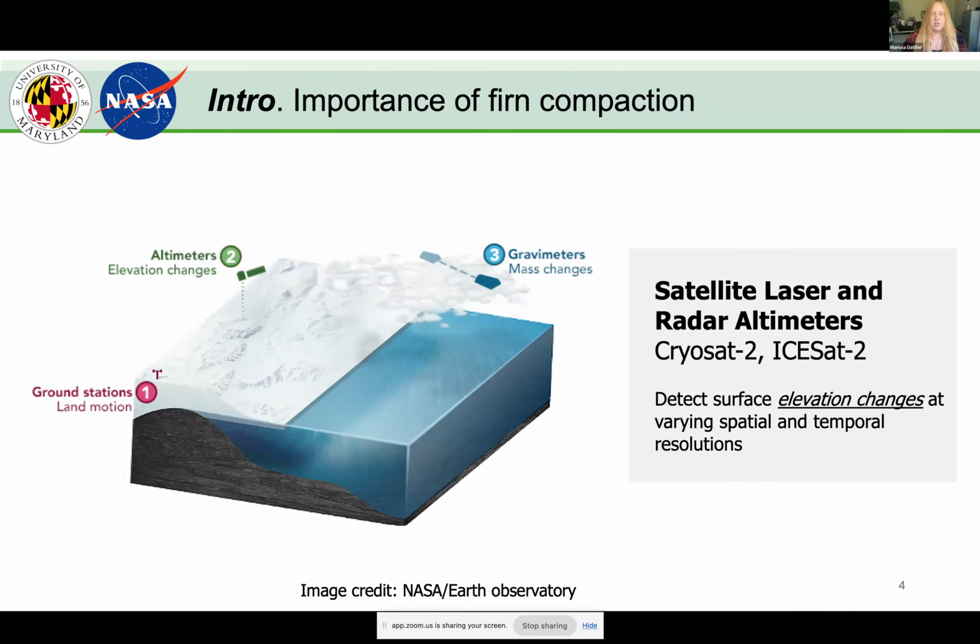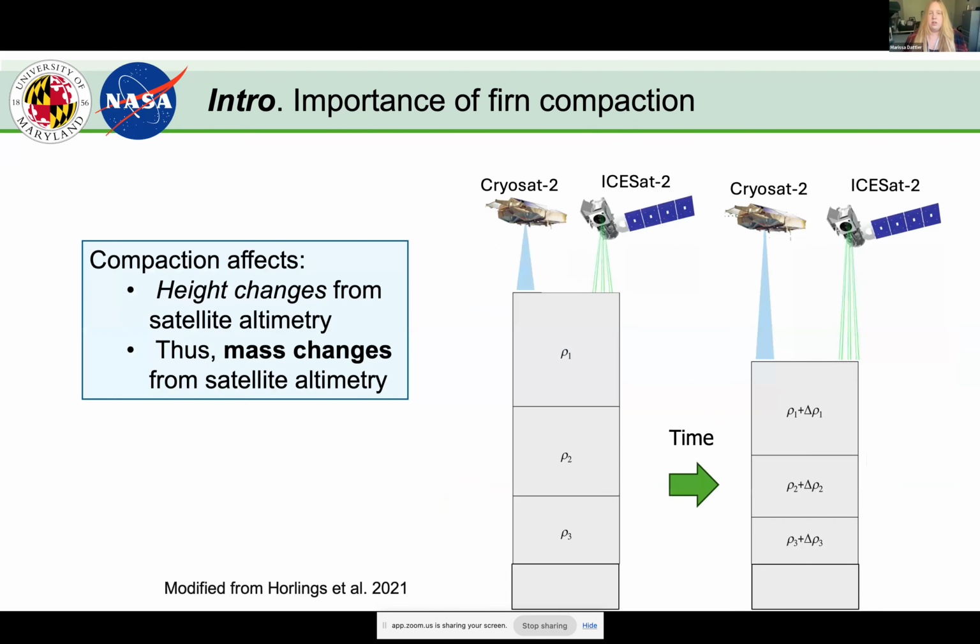And that's especially important for satellite laser and radar altimeters like CryoSat-2 and ICESat-2, which detect surface elevation changes at various spatial and temporal resolutions. So those are CryoSat-2 and ICESat-2 pictured here. And as you can see in this firn column, as you move forward with time, I'm just going to put my laser pointer on.